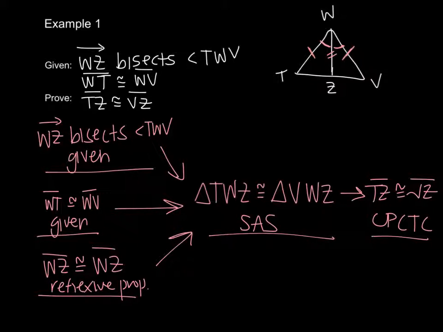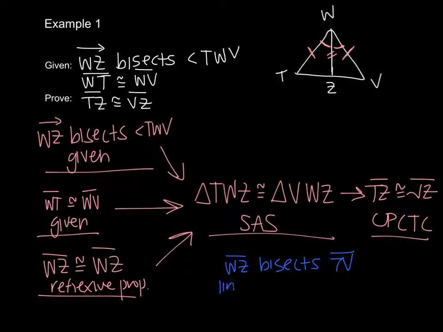And that could be to say, I'll do that down here in blue, that segment WZ bisects segment TV. And why do we know that? Well, we know that if a line segment is divided into two congruent parts, then it has been bisected. So let's write that.